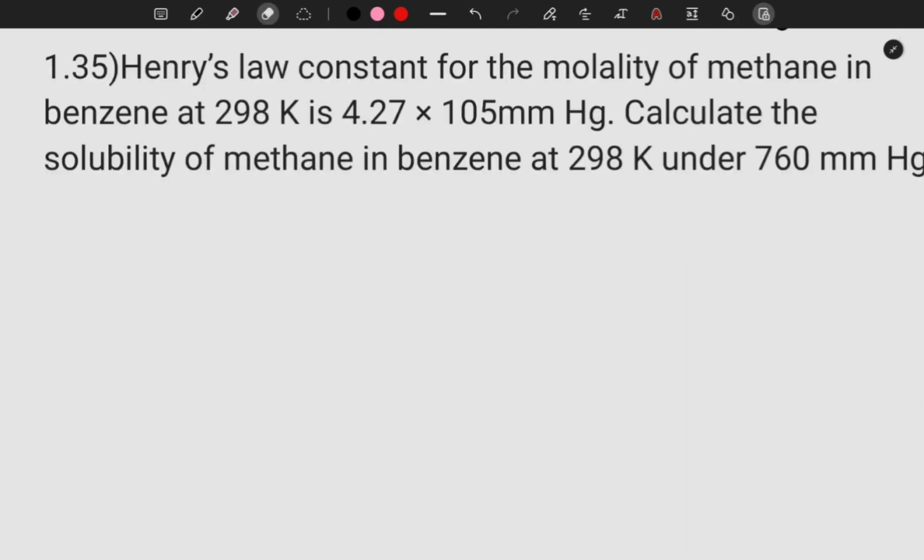Henry's law constant for the molality of methane in benzene at 298 Kelvin is 4.27 into 10 raised to 5 millimeter mercury. Calculate the solubility of methane in benzene at 298 Kelvin under 760 millimeter mercury. So KH is given as Henry's constant, 4.27 into 10 raised to 5 millimeter mercury.